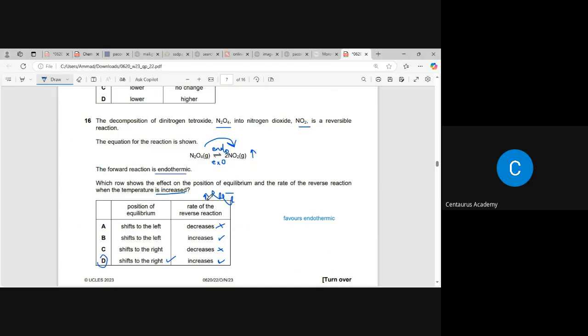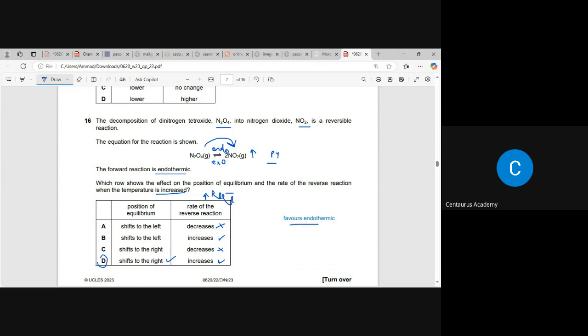Okay. The shifting of the equilibrium is towards the right, hence increasing your product yield, which is nitrogen dioxide. Okay. Why is that? Because it is favoring the endothermic reaction.